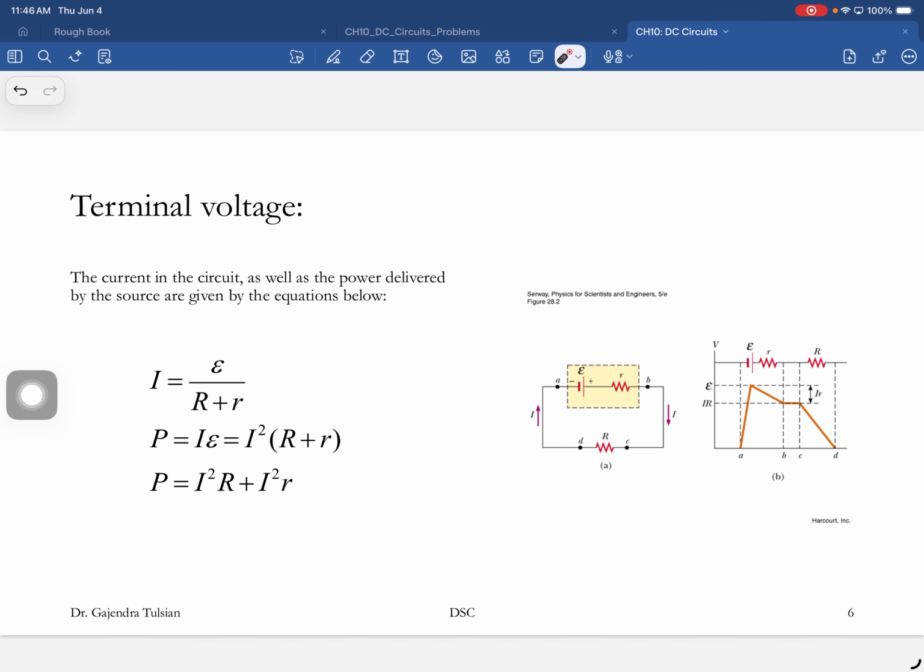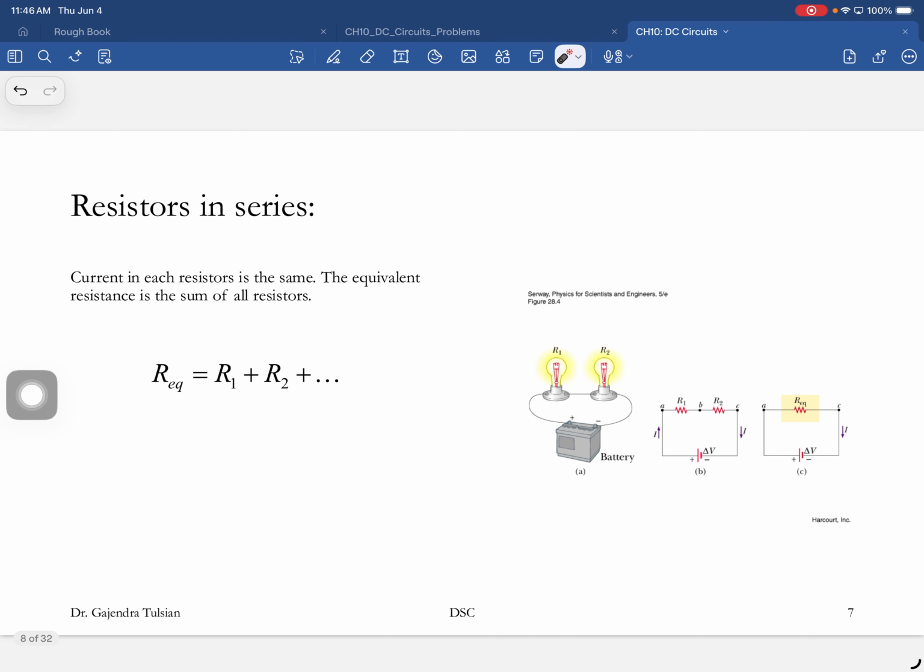Okay? So let's say if this is 10% of the total resistance, then you're losing 10% of the power. Okay? If this is 10 ohms and that's 10 ohms, you're losing half your power. Okay?